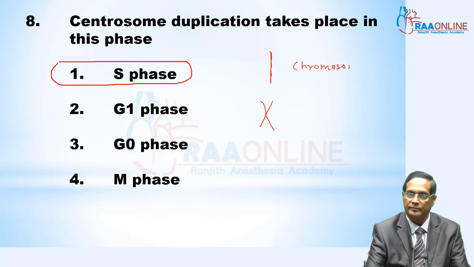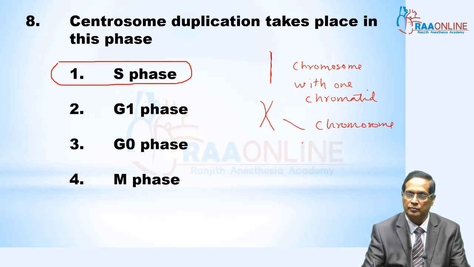Chromosome with 1 chromatid here, after S phase the chromosome is with 2 chromatids.